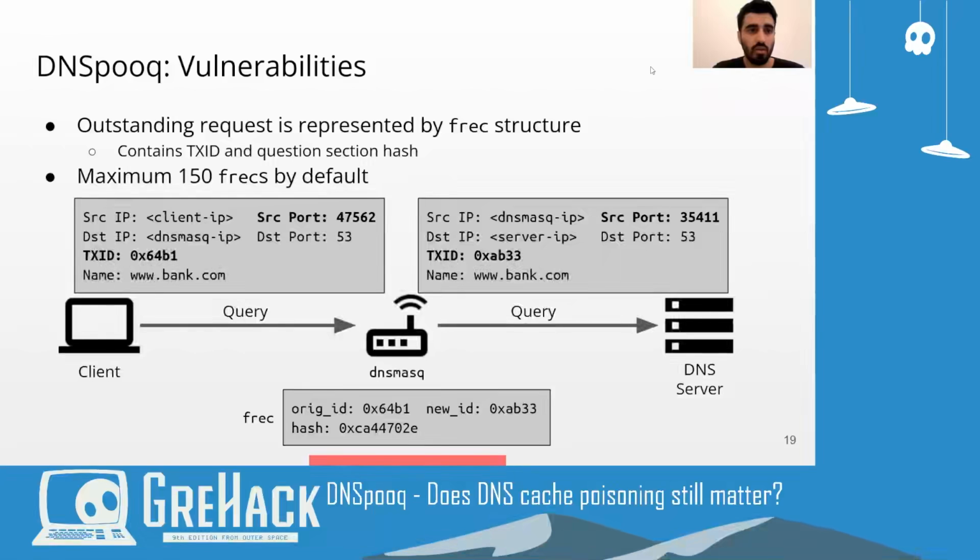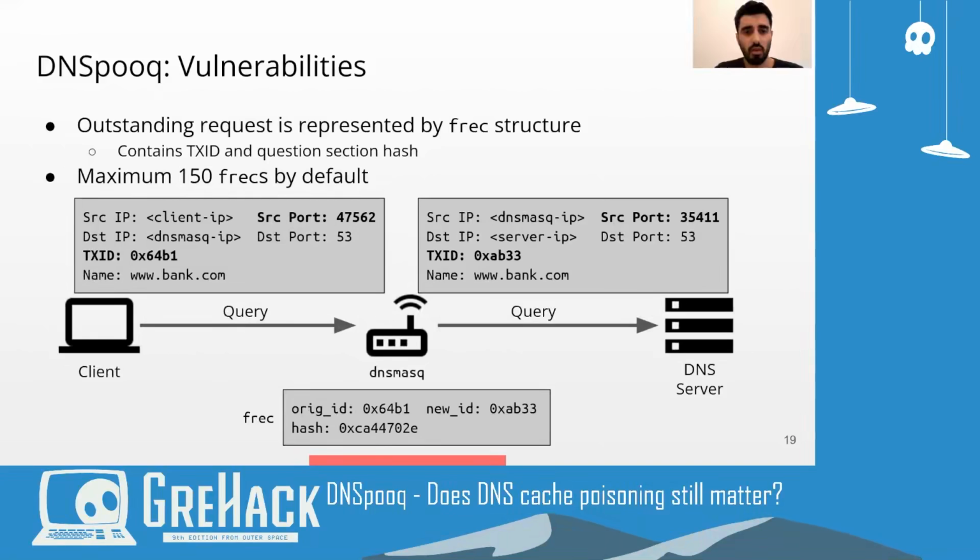Now we will begin describing the DNSpooq cache poisoning vulnerabilities against the dnsmasq DNS forwarder. The first thing to note about dnsmasq is that as a DNS forwarder, it receives queries from a client on the LAN, for example, and if it doesn't know the answer, then it forwards the queries to one of the configured upstream DNS servers.